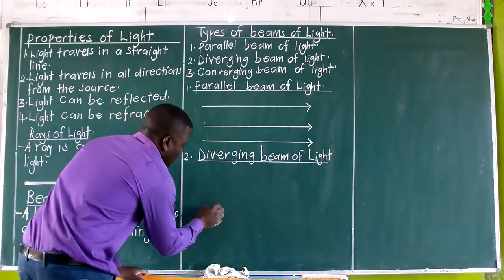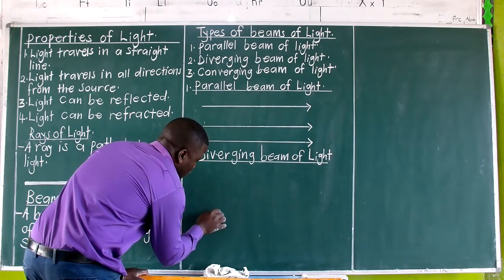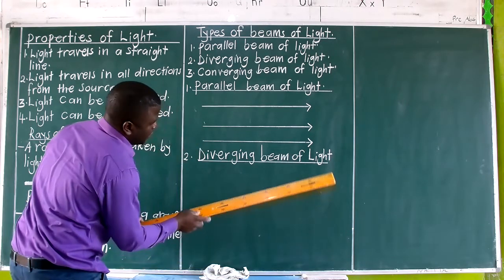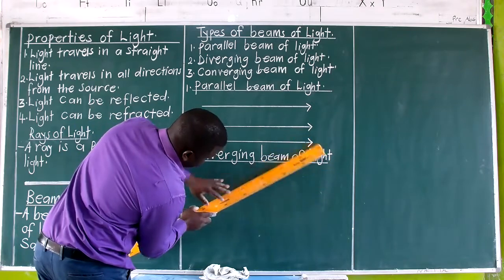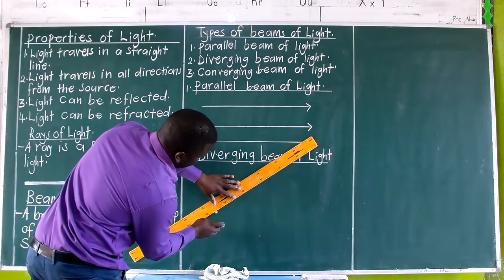So we're going to draw a diverging beam. I want to have one point where these light rays come from.